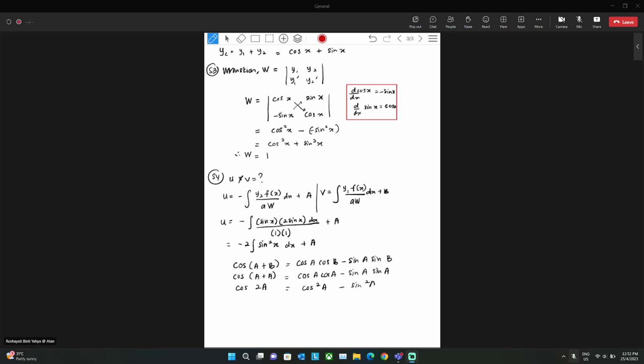All of this uses trigonometric identities.